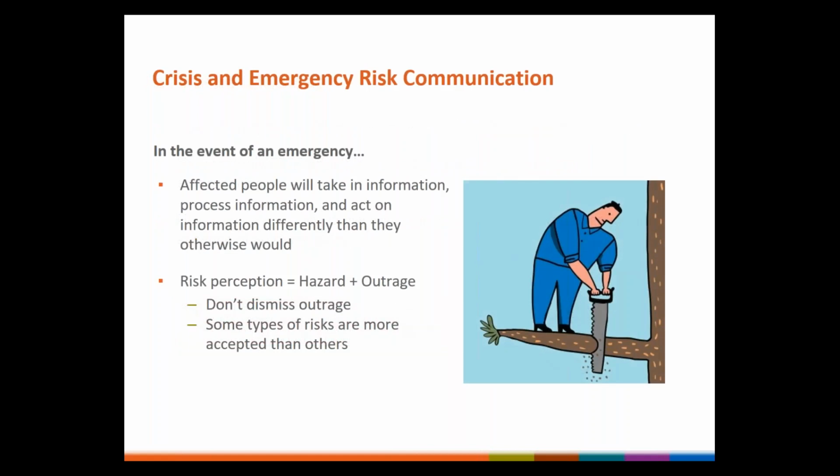In the event of an emergency, people generally respond differently than they would normally take in information. People who are affected by an emergency will take it in, process it, and act on it differently. The four ways that people process information during a crisis are that they simplify messages and they hold on to current beliefs.